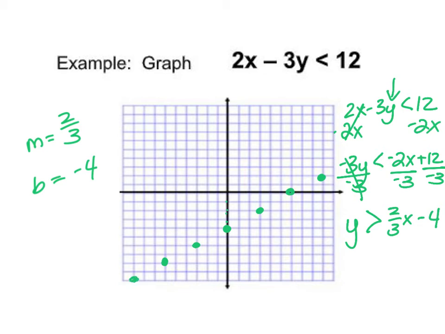Now the next thing we need to do is decide, is this going to be a solid or dashed line? Because there is no equal sign, it makes it dashed. So I'm just going to put some dashes in between those points, and I'm going to go ahead and draw arrows at the end because the line does continue. And now it says y is greater than. So then everything above the line is going to get shaded because y is greater.